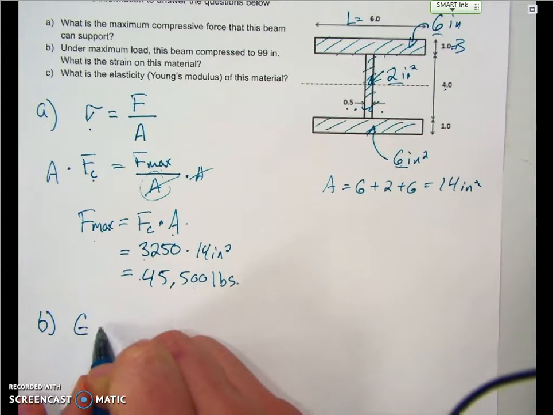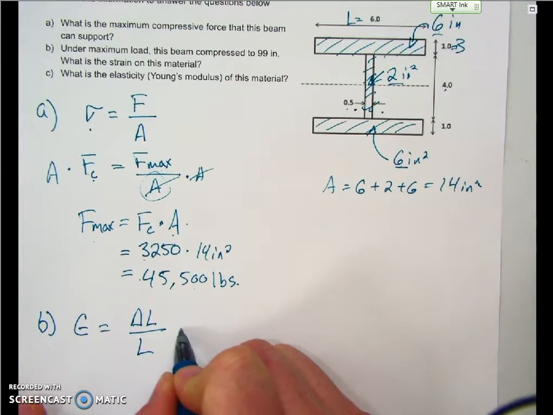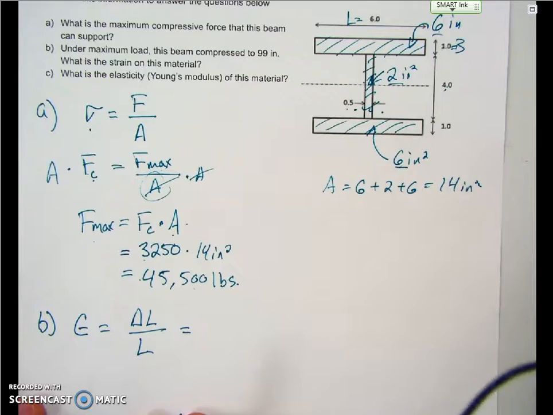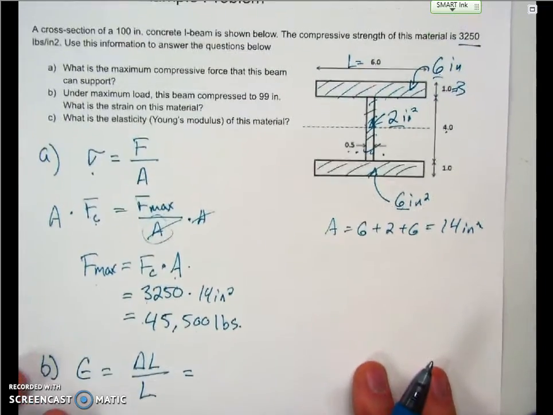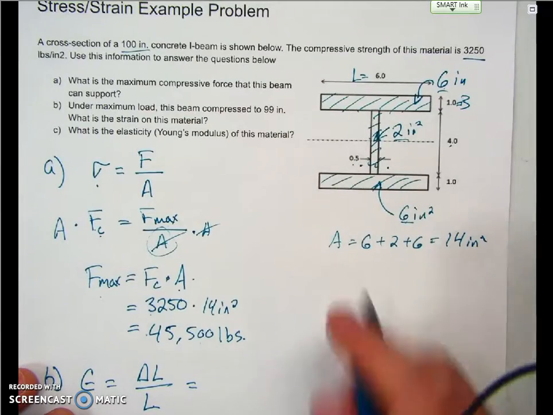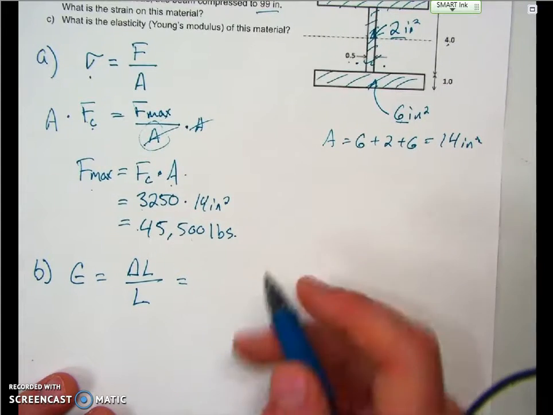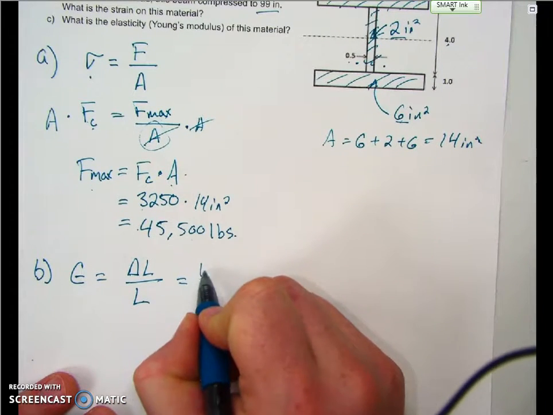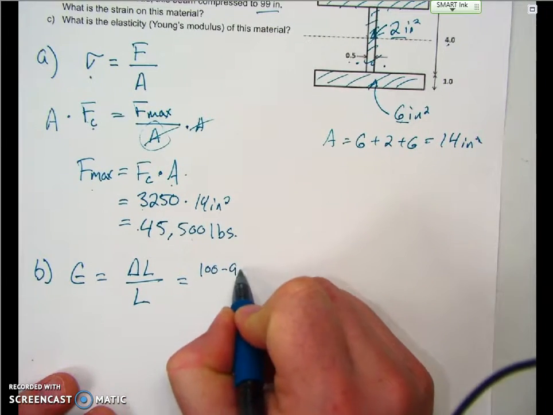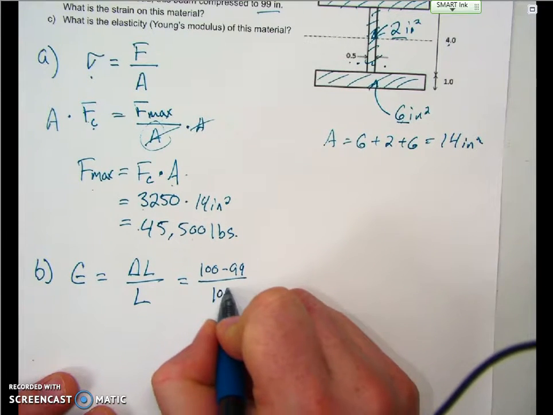And so my equation is epsilon equals delta L divided by L. So this is the change in length divided by my original length. And going back up here, this beam starts out at 100 inches, and it's compressed to 99 inches. And so the way I can figure this out, the change in length is going to be 100 inches minus 99 inches, divided by my original length, which is 100 inches.